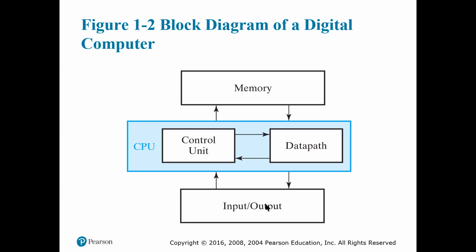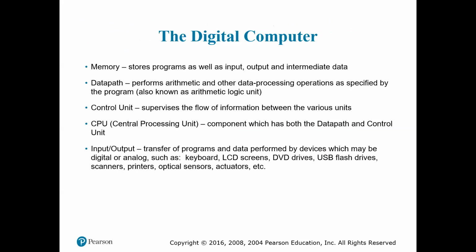And input-output, while we know this as keyboards, etc., in this particular block diagram, it would be something like a hard drive, which is offering input to a CPU and output from a CPU. Memory stores programs as well as input, output, and intermediate data. The data path performs arithmetic and other data processing operations as specified by the program, also known as an arithmetic logic unit, or ALU.